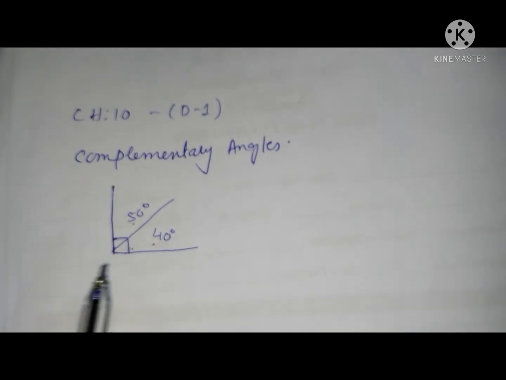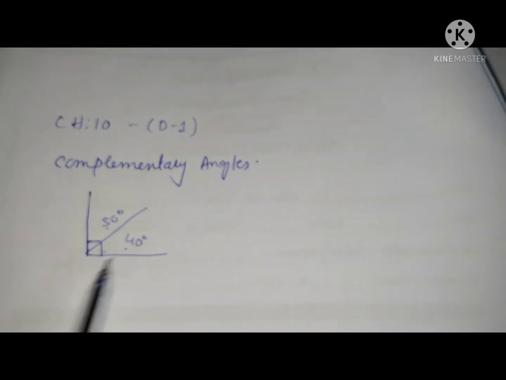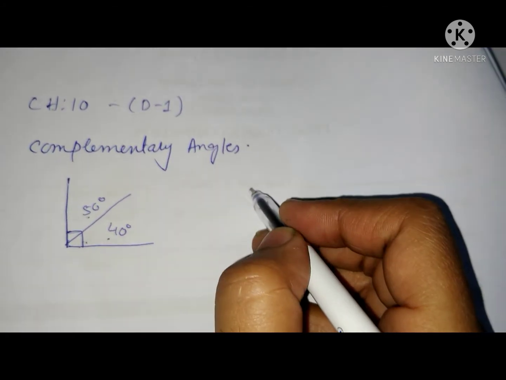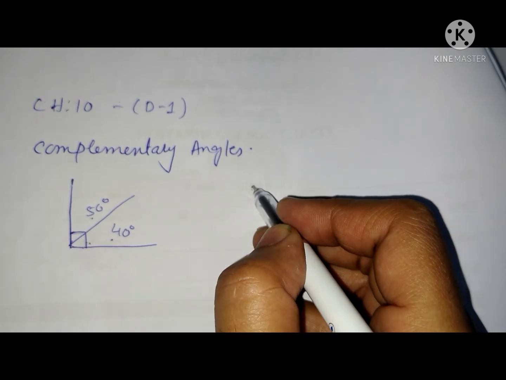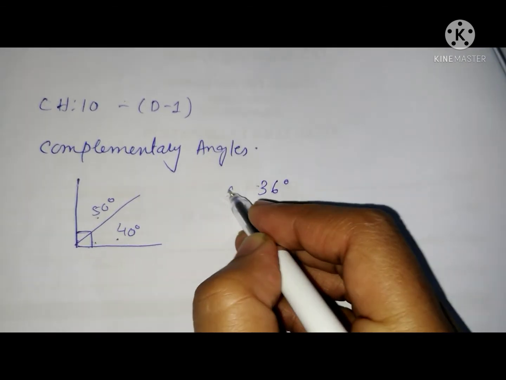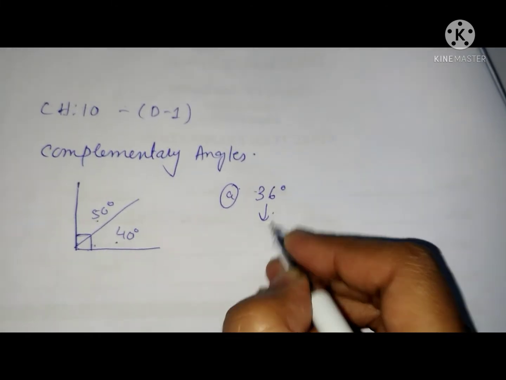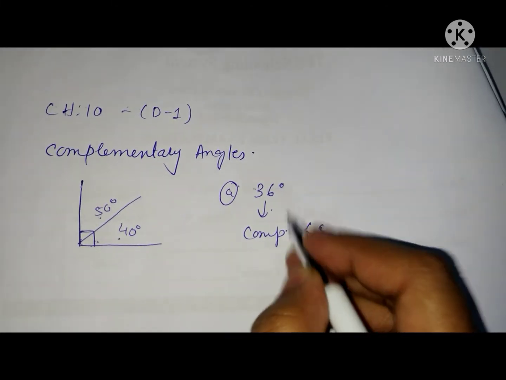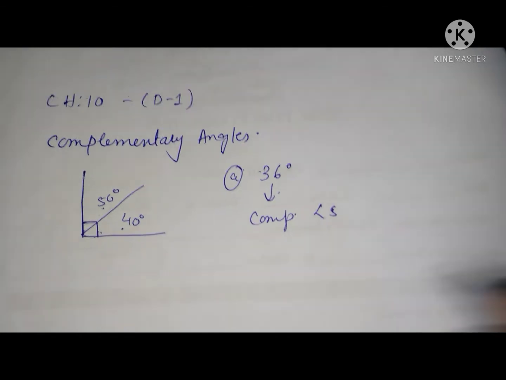Similarly, sometimes in the questions of the book, they give, for example, 36 degrees and ask about the complementary angle of this 36 degrees. So what should we do?